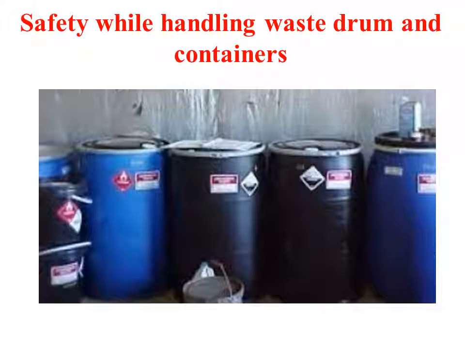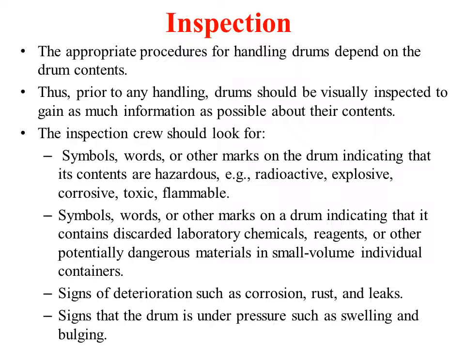Next topic, safety while handling waste drums and containers. In this topic, before seeing the various steps on how to handle waste drums and containers, they should be inspected. There should be appropriate procedures, rules or standards that should be followed when inspecting or handling drums.